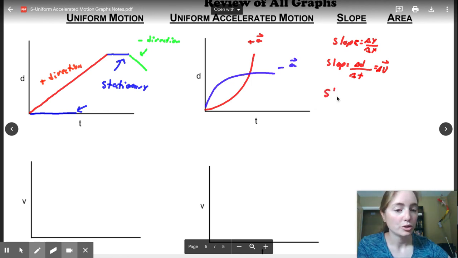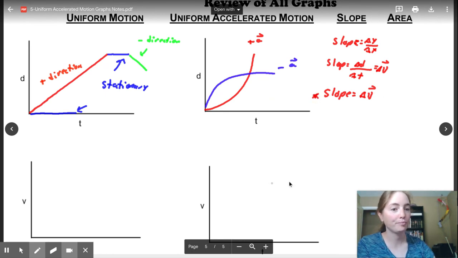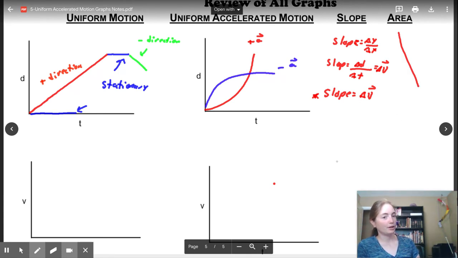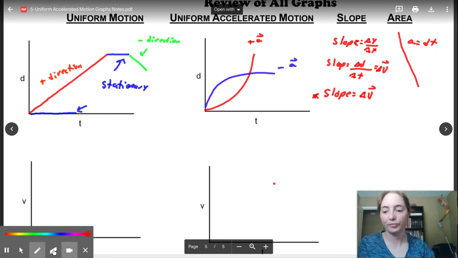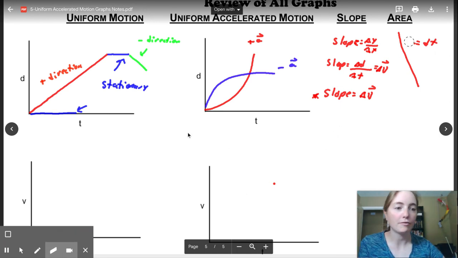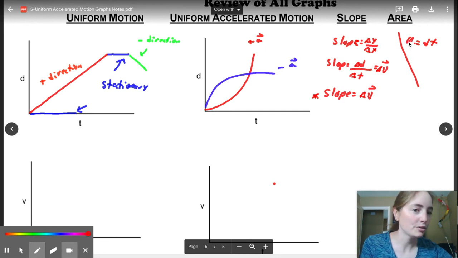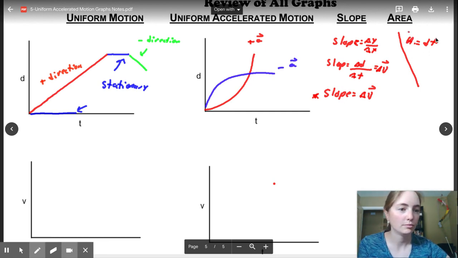So slope equals your velocity. We do not calculate area on a distance time graph because, well, area, distance times time. Oops. That should be a capital A for area. Well, is that useful to us? No. Okay, we do not use area on a distance time graph or displacement time graph.